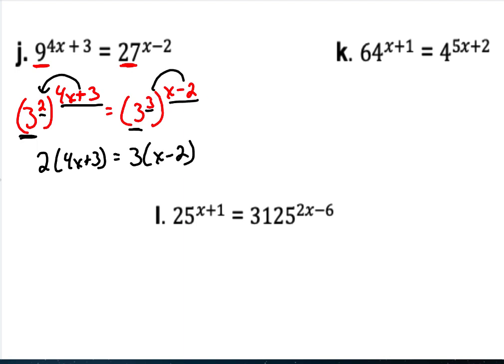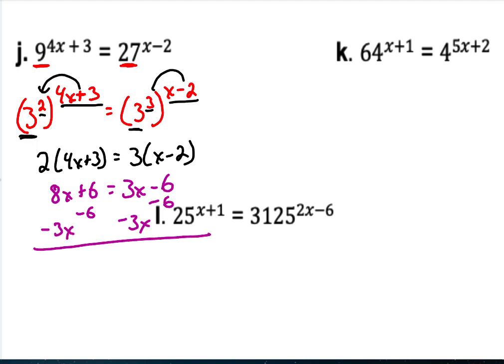And now it's just a simple equation for me to solve. 8x plus 6 is equal to 3x minus 6. I'm going to subtract 6 from both sides. I'm going to subtract 3x from both sides. And I get 5x is equal to negative 12. Divide by 5, and x is equal to negative 12 fifths. So it's okay to get that fraction as long as we make sure we simplify.